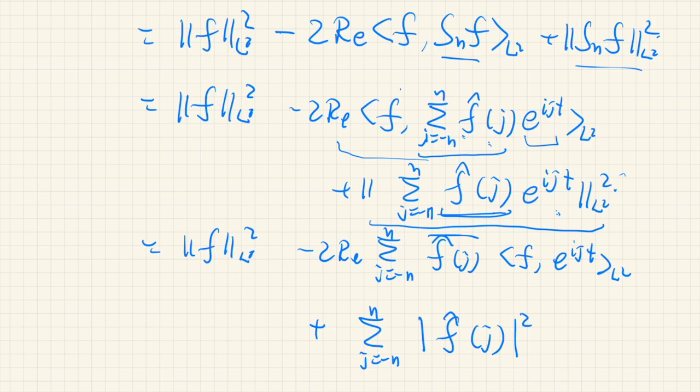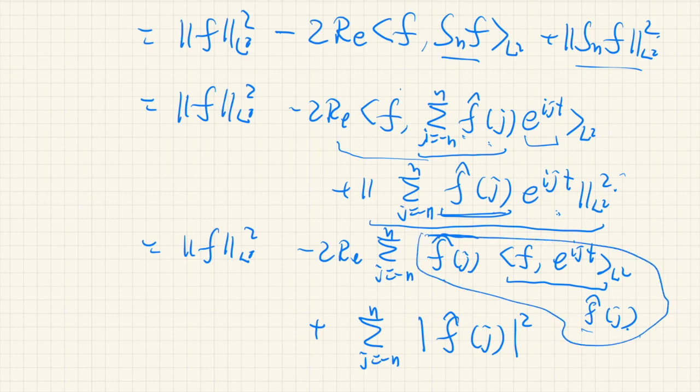And also notice that this inner product is nothing but f hat j, right? So we have f hat j complex conjugate times f hat j. So together, this becomes the absolute value of f hat j squared, which is real, right? So this is naturally real, so we can just get rid of this real sign here.